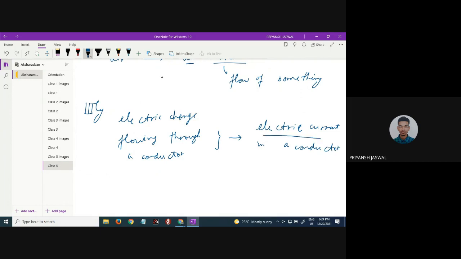So, what is electric current? It is the flow of electric charge. This is the quantity whose flow we were talking about, which in this case is electric charge, when you define electric current.